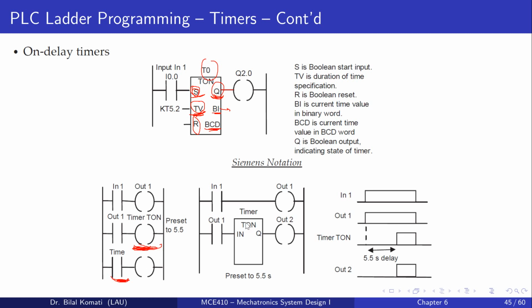So if input 1 is on, it will turn on output 1, and if output 1 is on, we will turn on the timer, and if it's preset to 5.5 seconds, we will turn on output 2 after 5.5 seconds of the execution. So first we turn on output 1, and then we turn on output 2.